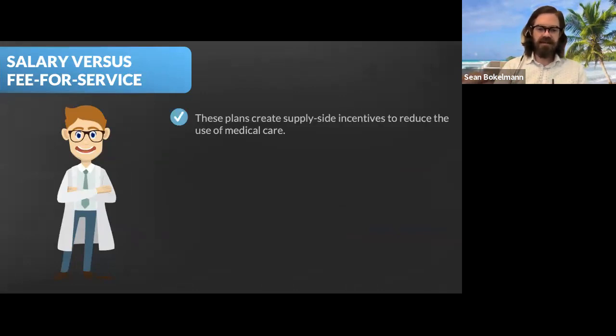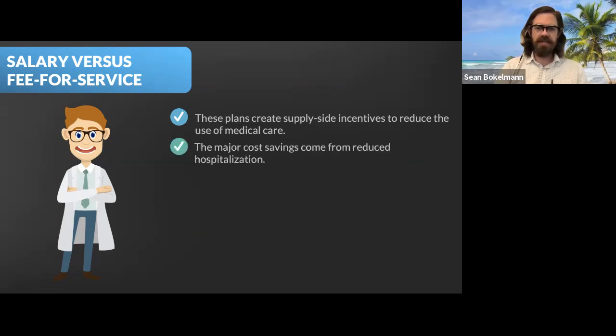Okay, so the main thing we've been talking about here is entirely a provider side or a supply side incentive. It has really nothing to do with consumers, and the majority of the cost savings actually come from reduced hospitalization.